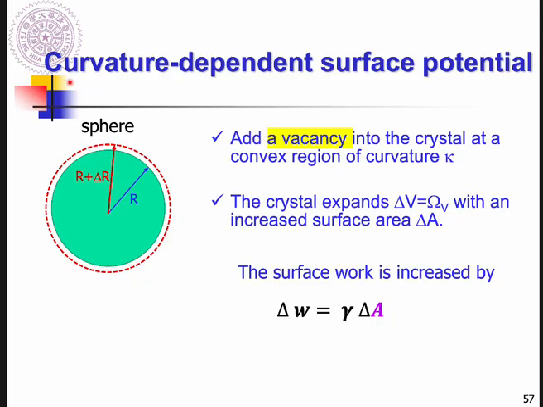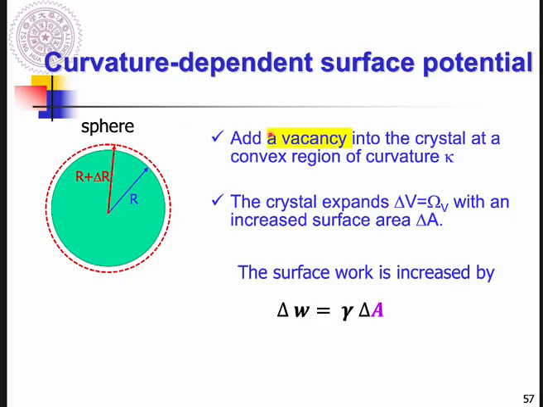Now, instead of the flat surface, we have a curvature-dependent surface here. And how do we get the curvature-dependent surface potential? You can imagine this system: we have a sphere with a radius r. Now I want to add a vacancy on the surface of this sphere.